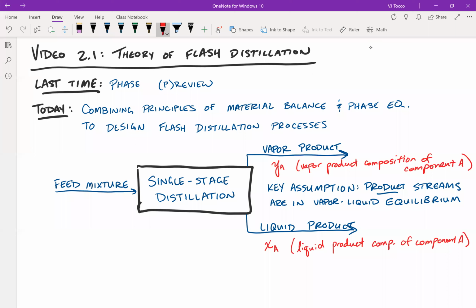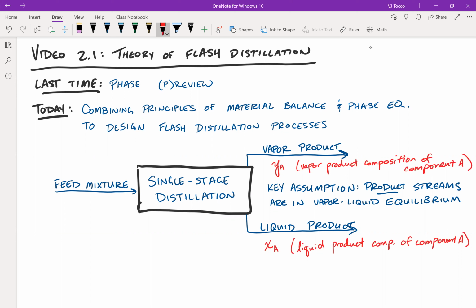So what other process variables do we have? Remember from material energy balances that in order to completely specify a process flow diagram, I need at least the amount and composition of every stream in the process. So we already have the compositions of our two products. We need a variable for flow rate of the two products as well. In MEB, we called this N dot or M dot all the time.